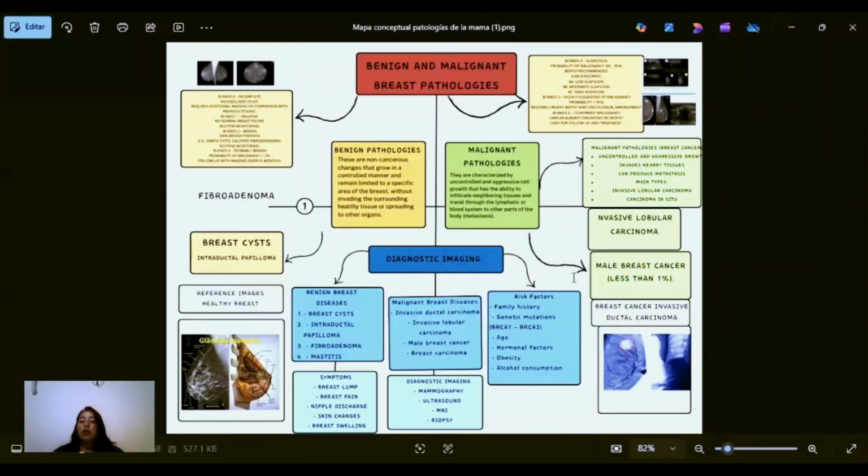Use of breast exams. Mammography. Digital or analog mammography.